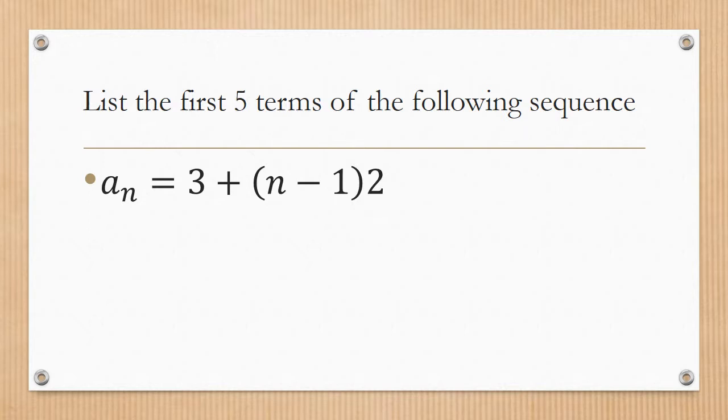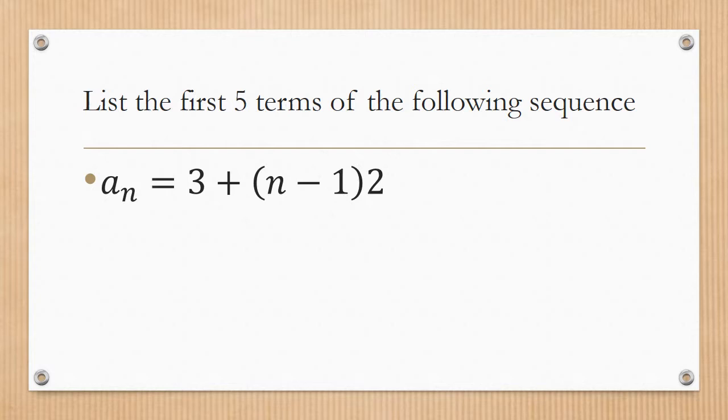Let's put all this into practice. Let's take a look at this example. List the first 5 terms of the following sequence. Looking at this sequence, we have the nth term rule, or the general rule, that says a sub n equals 3 plus n minus 1 times 2.